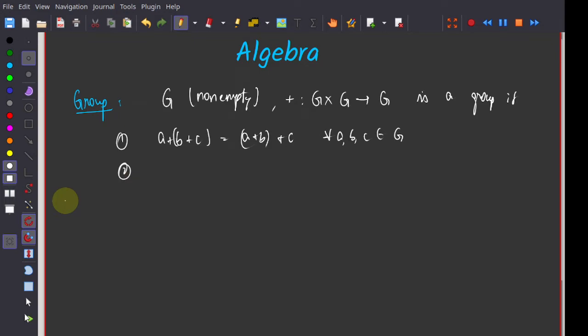Secondly, there exists an identity element. There exists some element E in the group, which is the identity, such that E plus x equals x plus E equals x. And thirdly, for every element there exists an additive inverse.